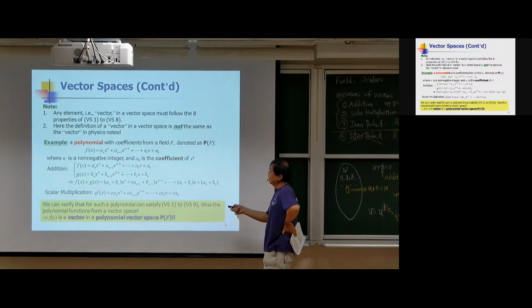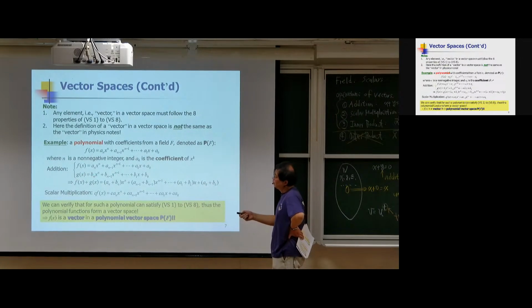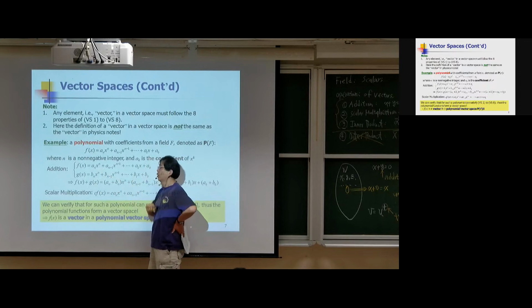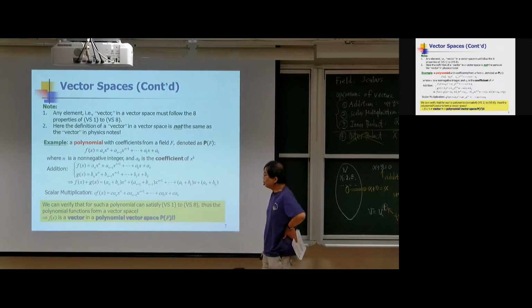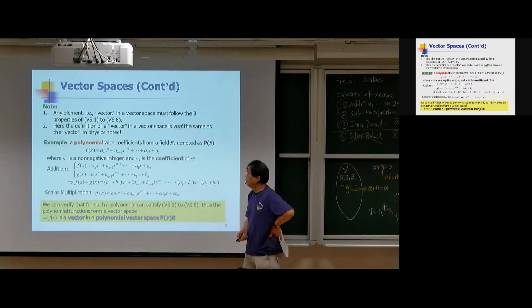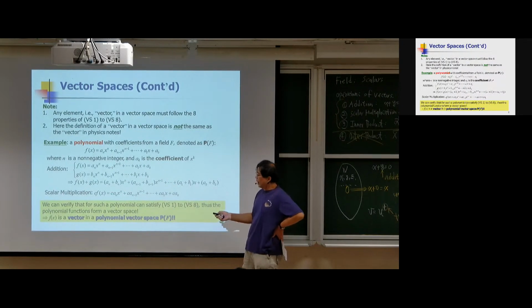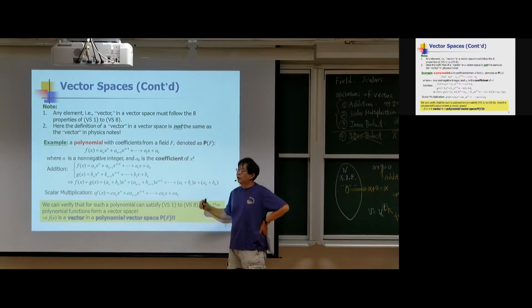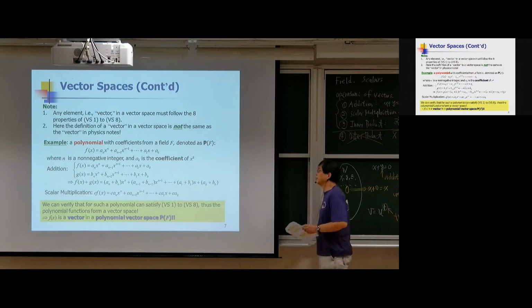And g(x) looks like b_n times x to the power of n, etc., plus b_0 times x to the power of 0. When we add these two polynomials together, we only add the coefficients of the same power. And we define the scalar multiplication: c times f(x) equals c times a_n times x to the power of n plus c times a_(n-1) times x to the power of n minus 1, etc. So we only multiply the coefficients of all the powers by c. So we have a scalar multiplication.